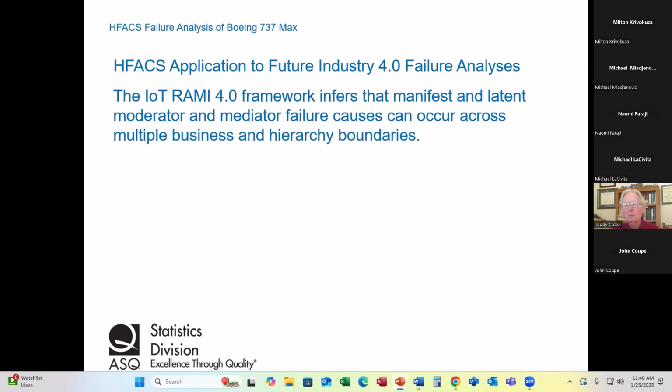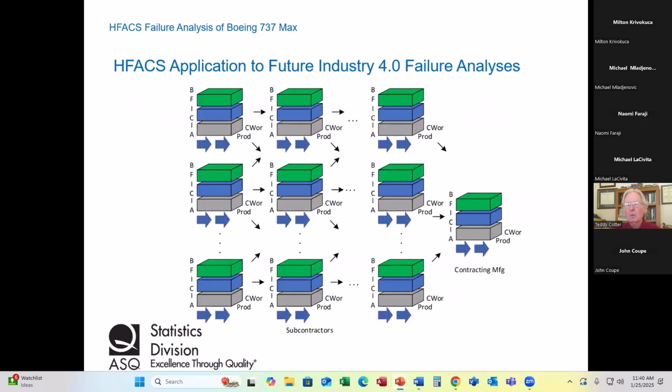Well, the IoT RAMI 4.0 framework infers that manifest and latent moderator and mediator failure causes can occur across multiple business and hierarchy boundaries. So we talk about massively horizontally vertically integrated. This is the contracted manufacturer here on the right. This is who delivers the final product to the customer.